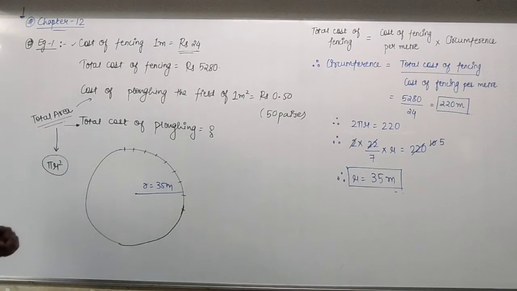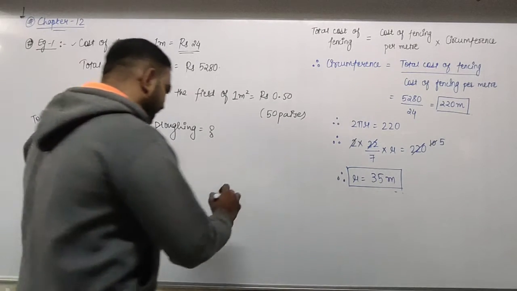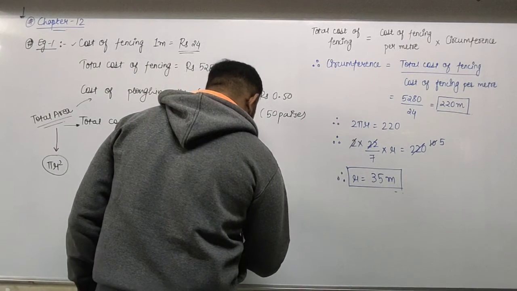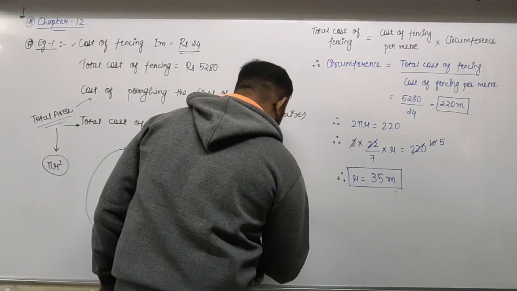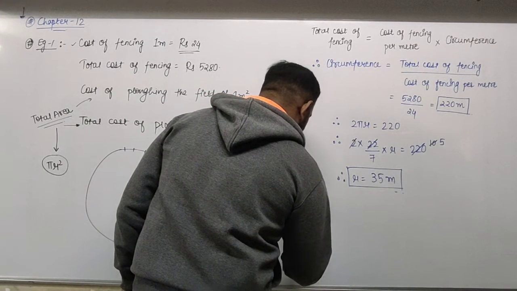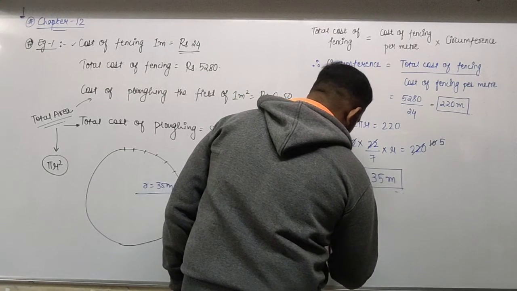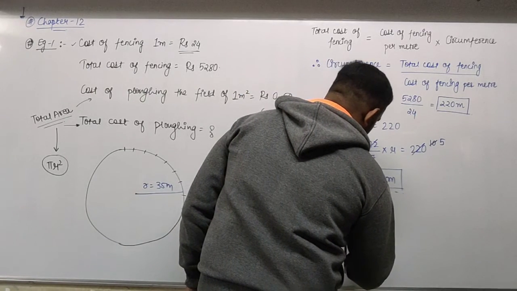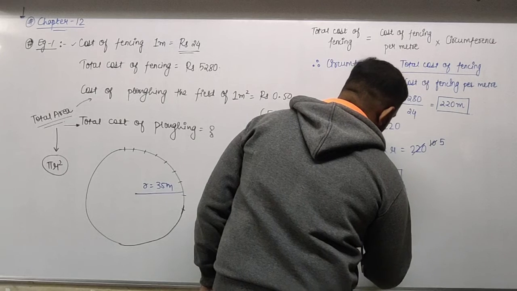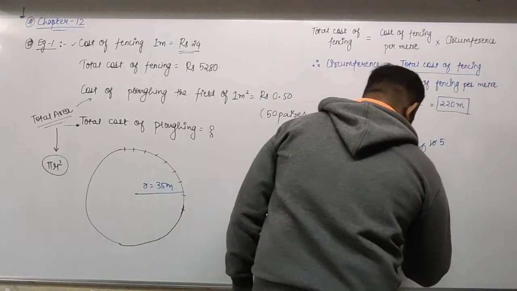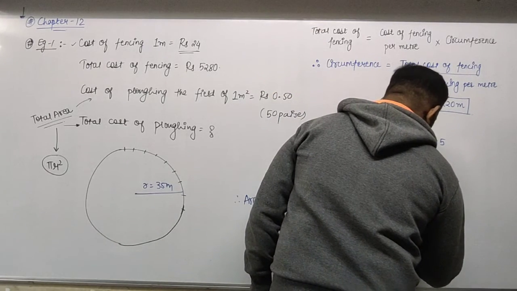Now what we can find out? Total area. Therefore, area of the field to be flowed, that is equals to pi r square.